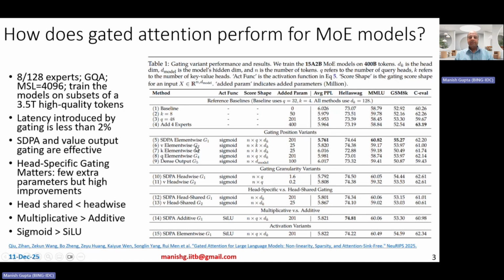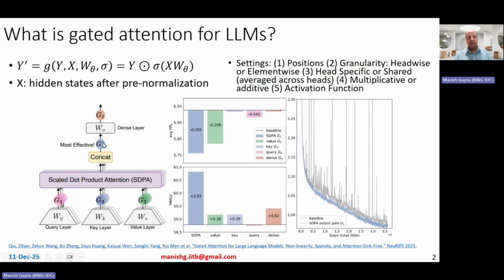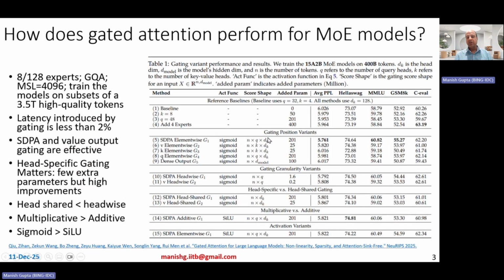Okay. Now, when you do gating, what do you observe? Obviously you can do gating at different positions, and these are all element-wise gatings, which means there will be as many gating output values as the sequence length, denoted by n here, the number of query heads, because G1 is being applied right there, and essentially also the dimension of the keys, right?